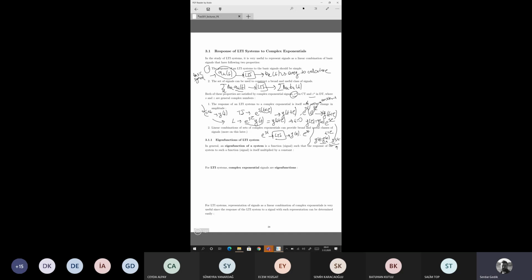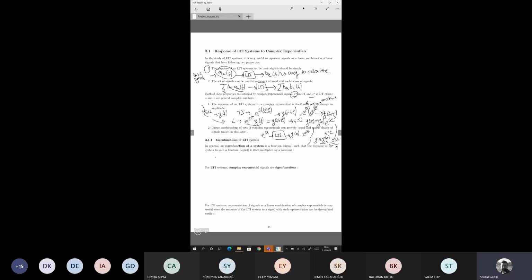Well, at this point, we can define eigenfunction of an LTI system. In general, an eigenfunction of a system is a function such that the response of the system to such a signal is itself multiplied by a constant. So you have a signal at the input, and at the output, you have the signal multiplied by a scalar.